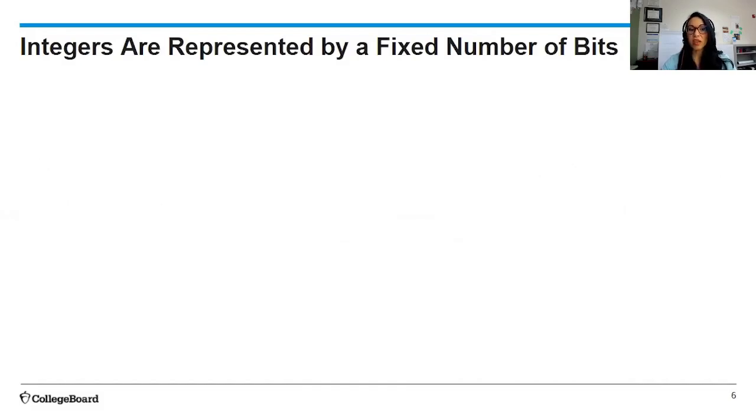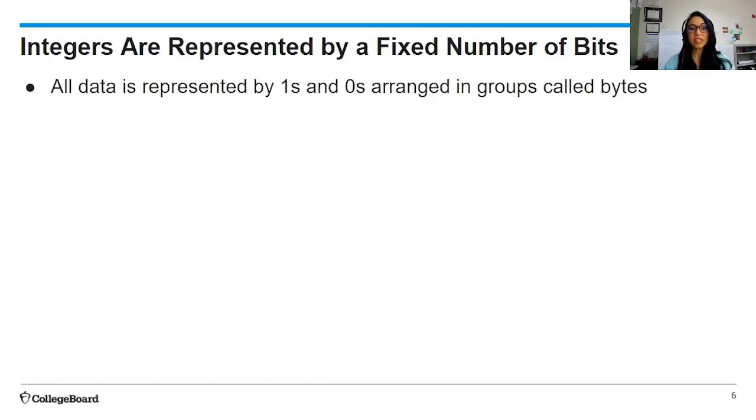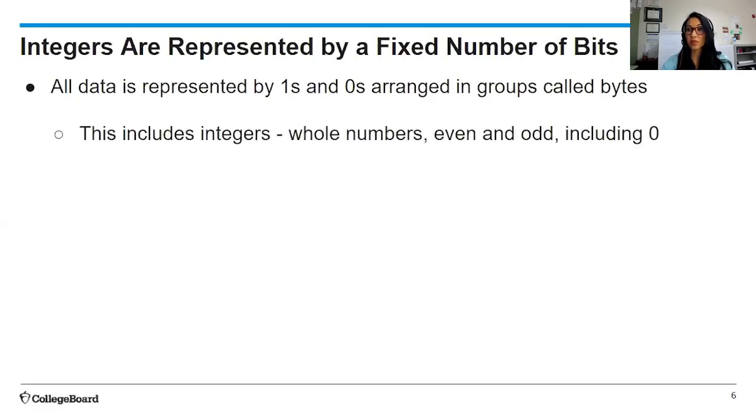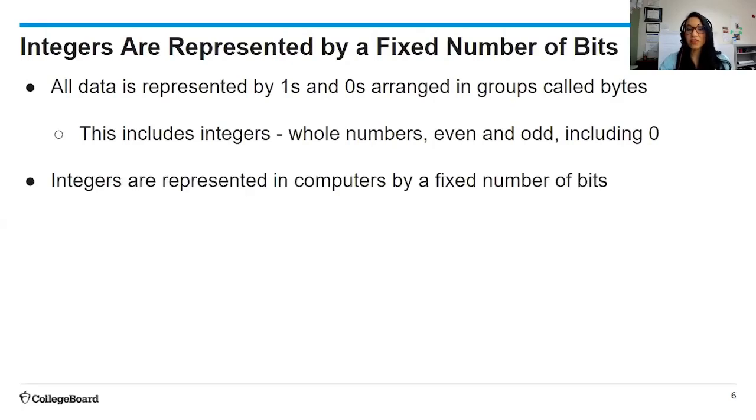You might recall that binary is data that's represented by ones and zeros, arranged in groups called bytes. This includes numbers too, like integers: whole numbers, odd and even numbers, including zero. In programming languages that are interpreted by computers, integers are represented by a fixed number of bits, which ends up limiting the range of values that a computer can read and work with.